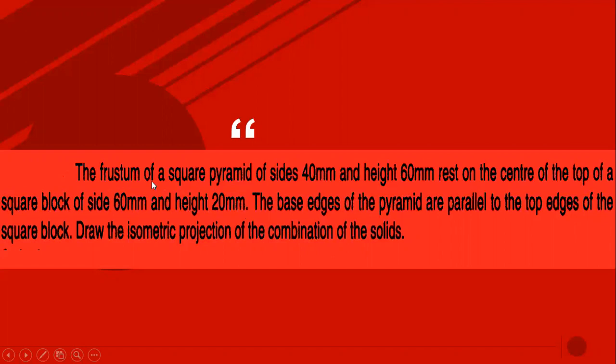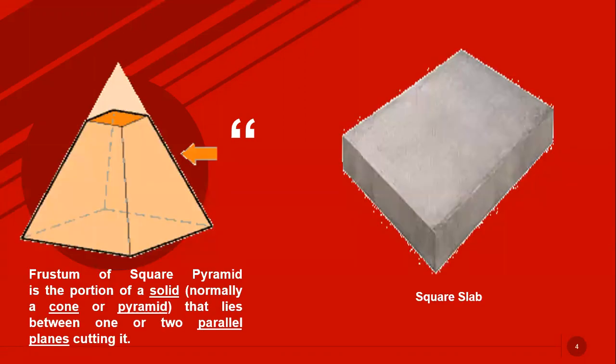Then over that you are going to place a frustum of a square pyramid. The bottom square surface is 40 mm and the top square surface is 20 mm and the height is equal to 60 mm. So you need to draw the isometric projection of this combination of solids.